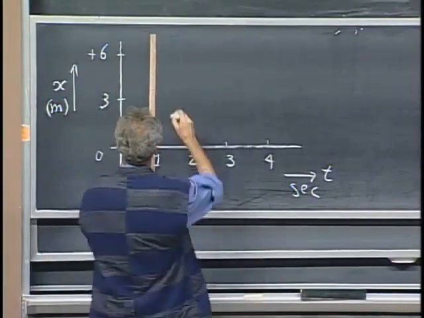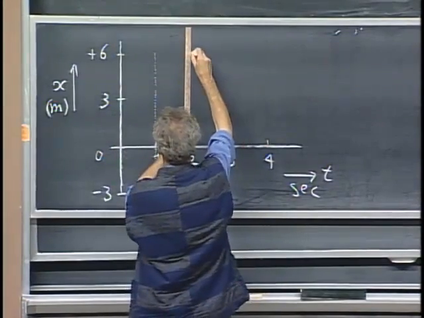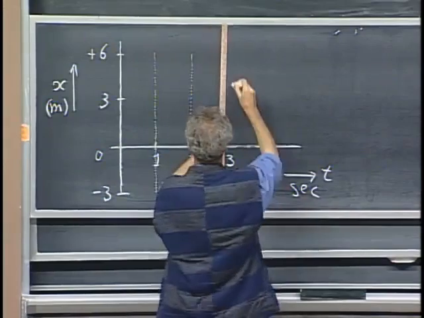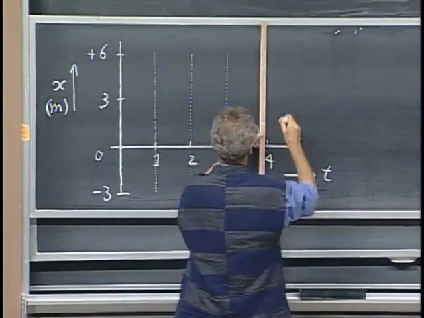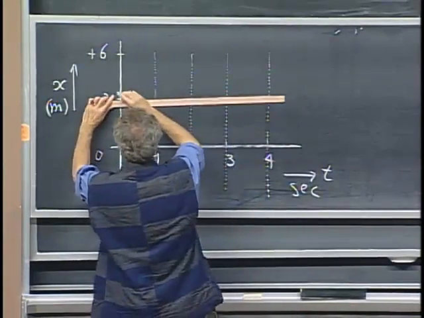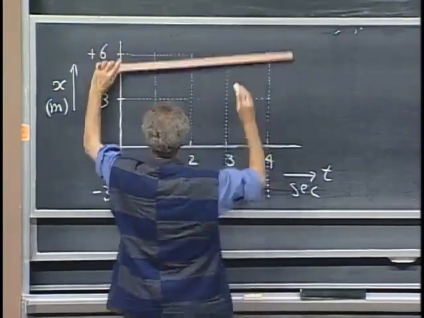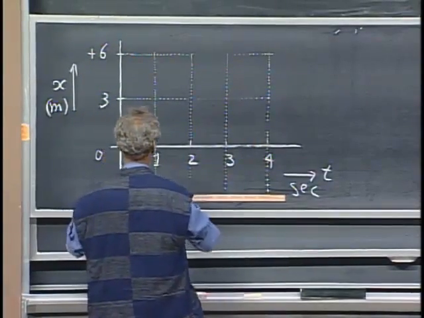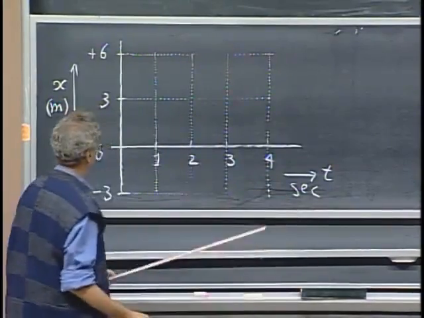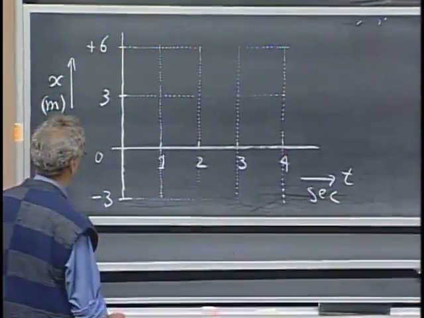Let's make a little grid so that it's easier for me to put in the curve. All right. So now comes x as a function of t.